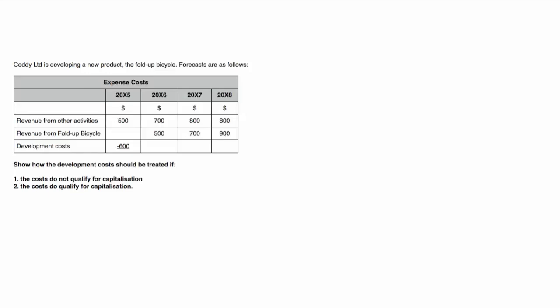So we have revenue from other activities, revenue from the fold-up bicycle, and remember these are forecasts, and then development costs. If they are not going to qualify for capitalization, we'll simply write them off.